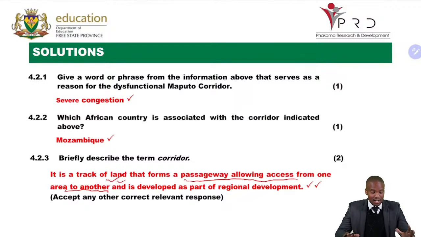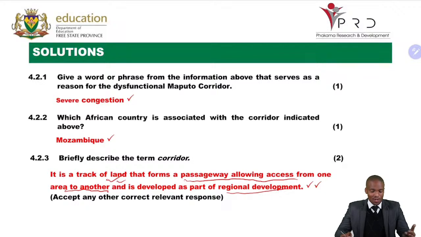But a full understanding is this one. It's a tract of land that forms as a passageway allowing access from one area to another, and it is part of regional development to promote those regions for business hubs. So if you've got this, you've got 4 marks already. The first one, the second one, the third one, 40% out of this question already.